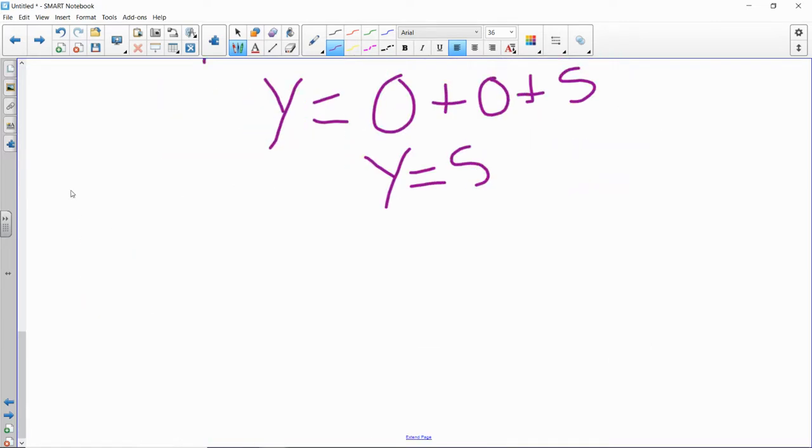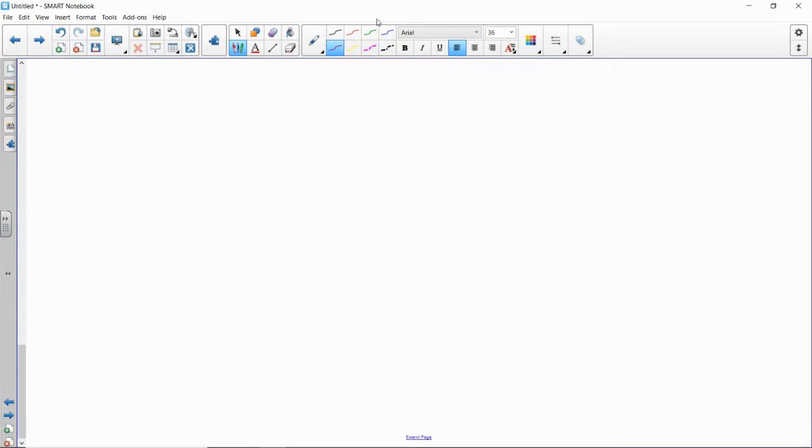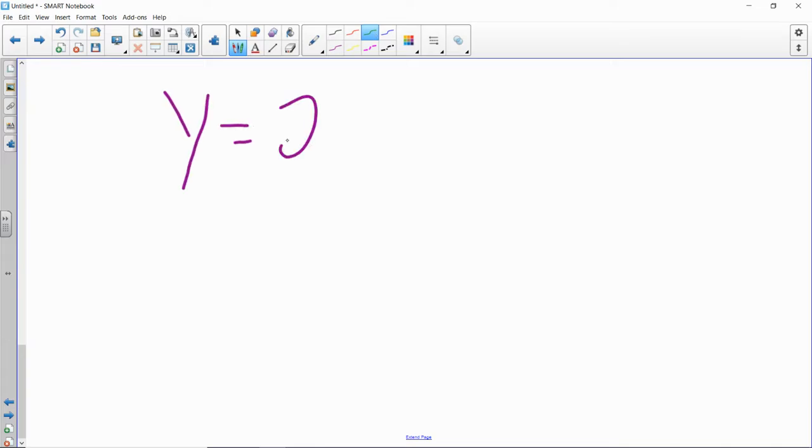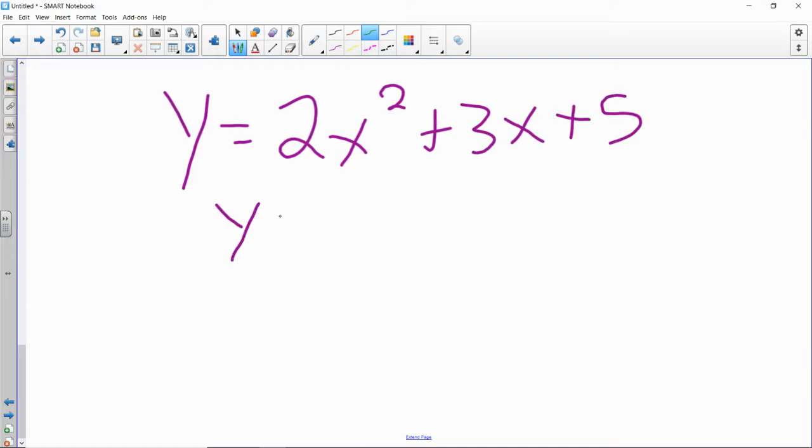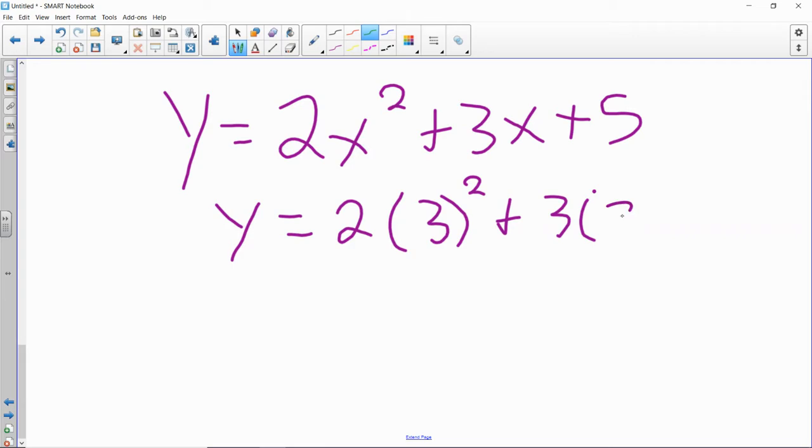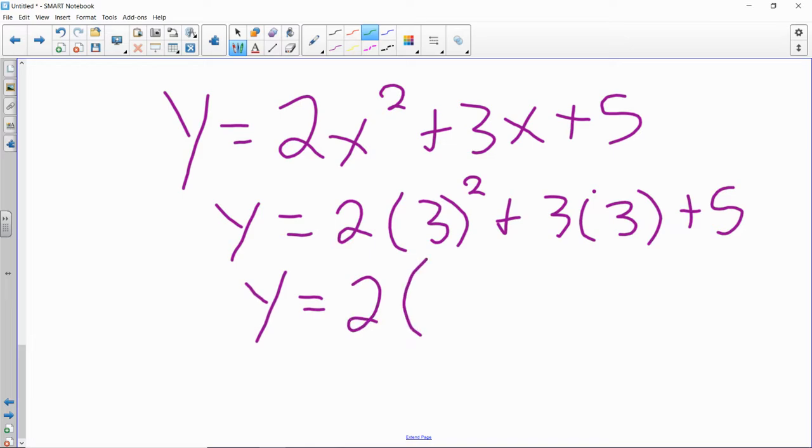And finally, let's plug in 3. Again, exponents first. So 3 squared is 9, not 6. 3 times 3 is 9.